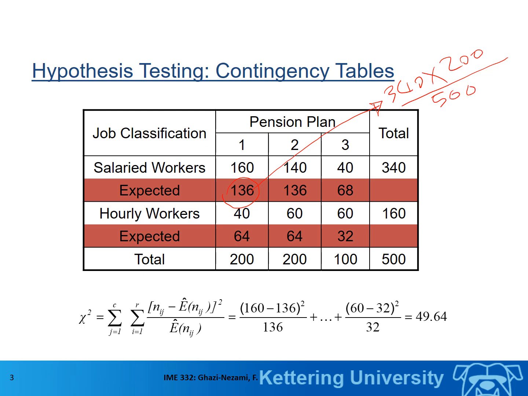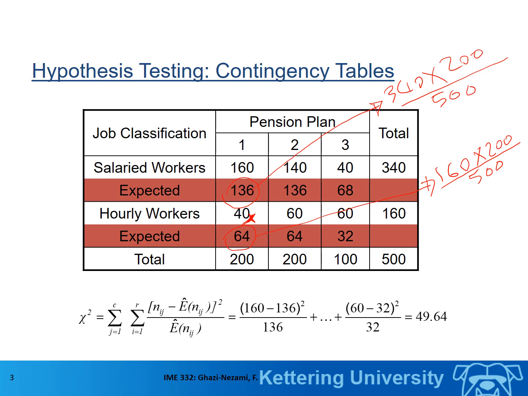Let's check another value. For example, this 64. This is the expected value of 40. Do you agree that 40 is located on row 2, column 1? So the row 2 summation is 160, the column 1 summation is 200, divided by the total number of observations.